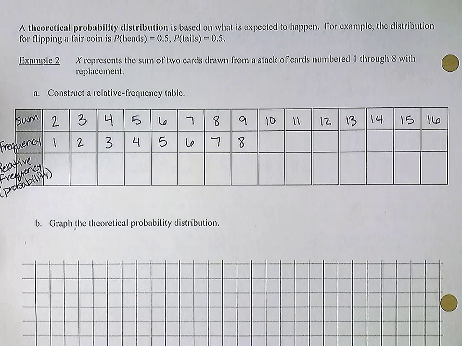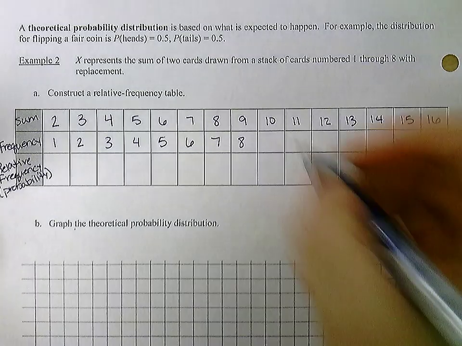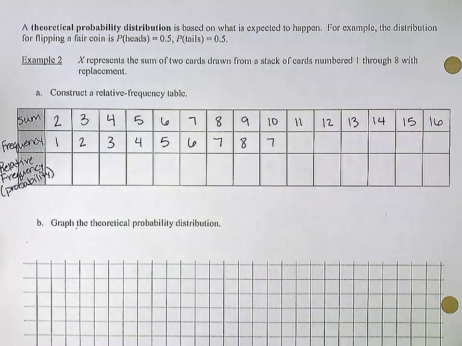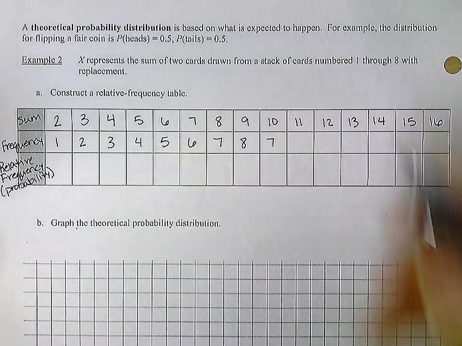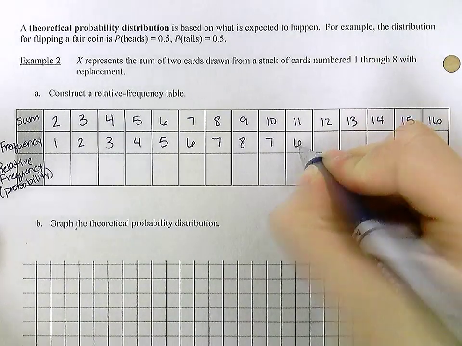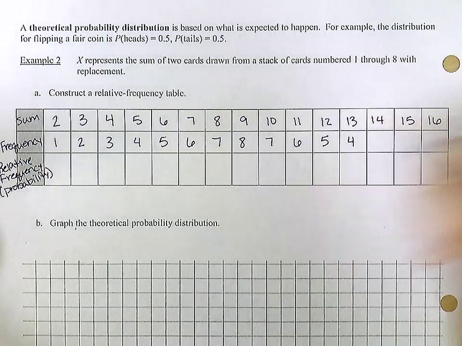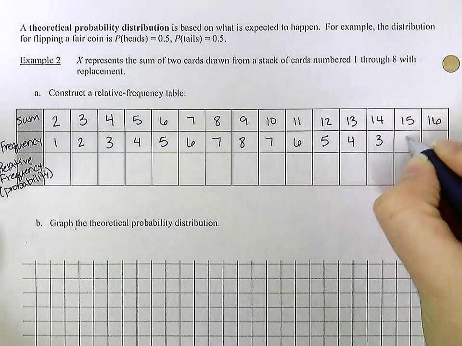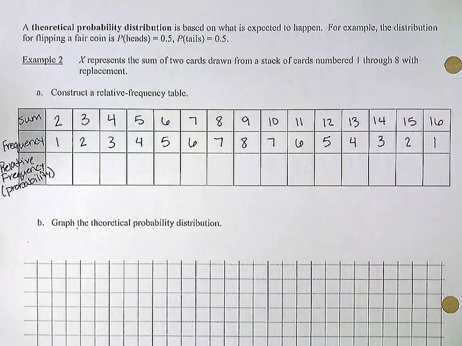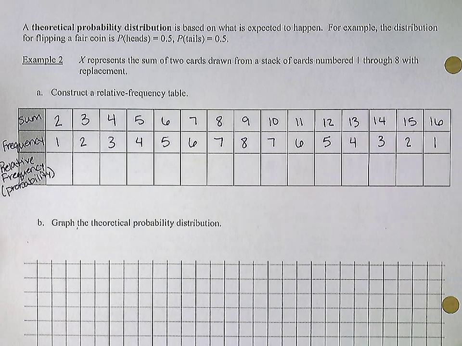So with a sum of 10, you have 7 different possible ways. 11 is 6. 12 is 5. 13 is 4. 14 is 3. 15, 2. 16, 1. 9 is the median. It is the median because it's in the middle.